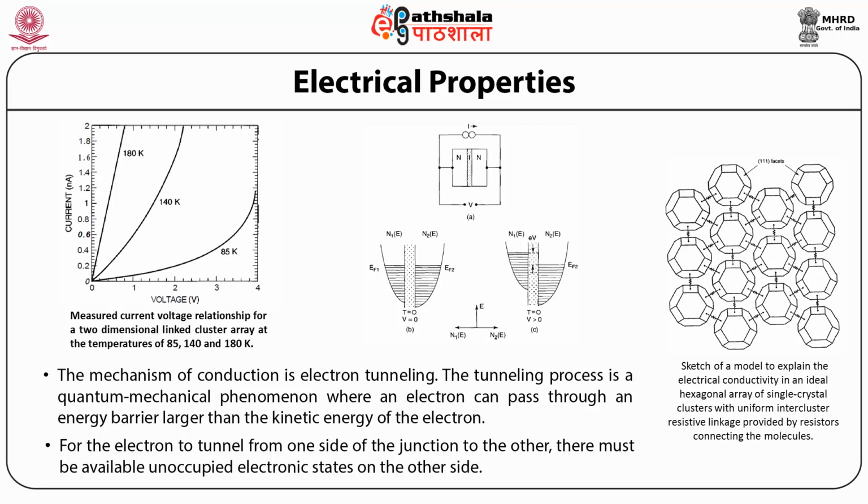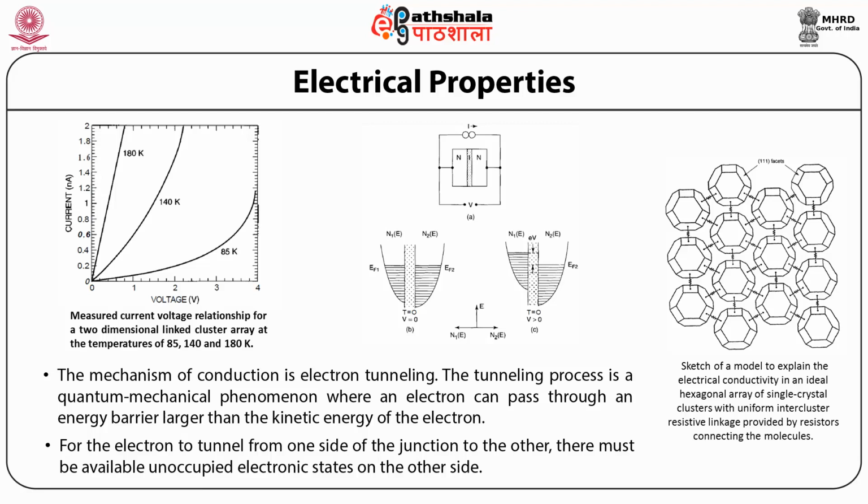For two identical metals at T equal to 0 K, the Fermi energy will be at the same level and there will be no states available. In this figure, the tunneling cannot occur. The application of a voltage across the junction increases the electronic energy of one metal with respect to the other by shifting one Fermi level relative to the other.